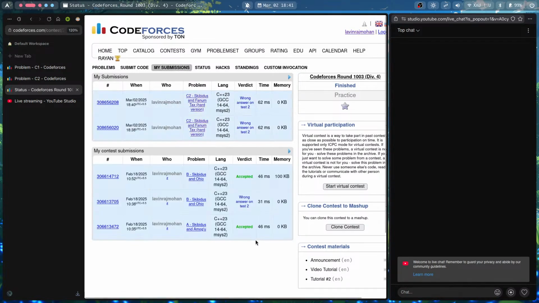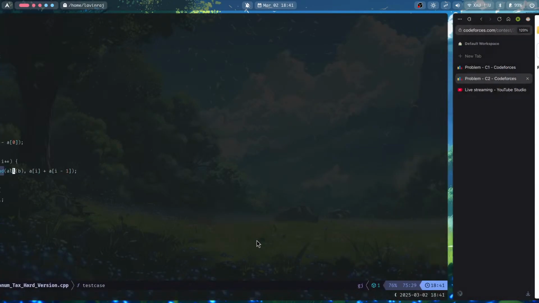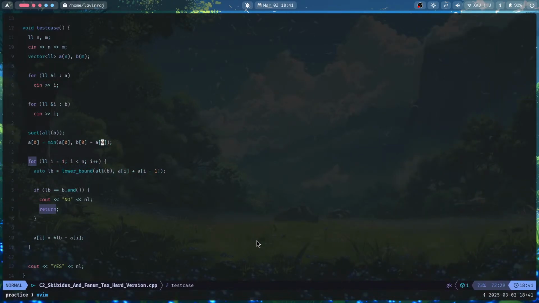Alright, then what to do? What could possibly go wrong? Hmm, we can sort B for sure. Okay, we take the input correctly and we reduce the zeroth element as much as possible.